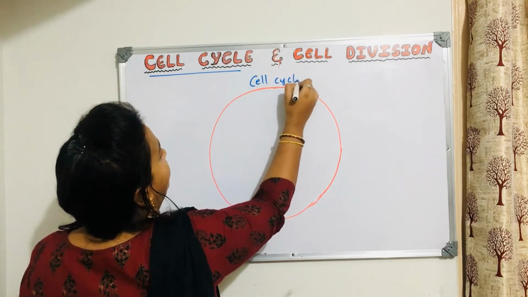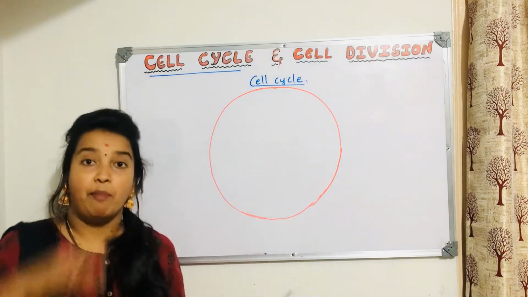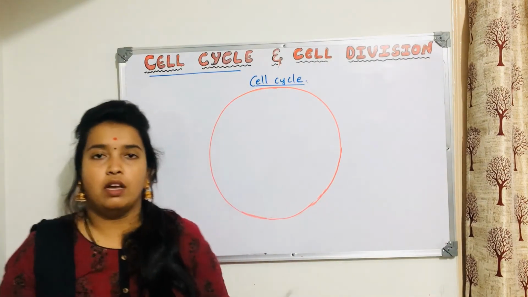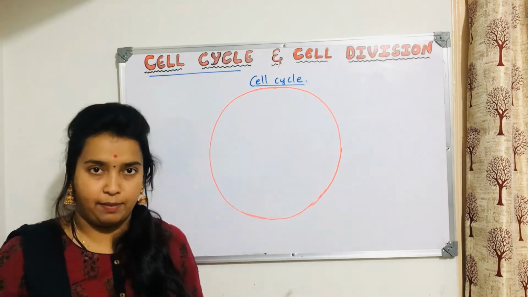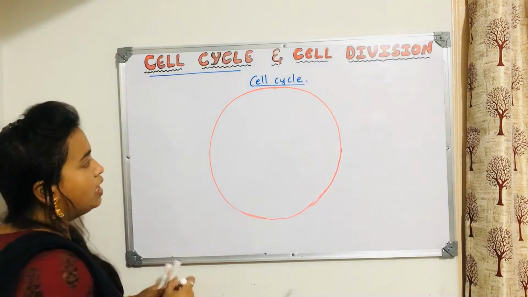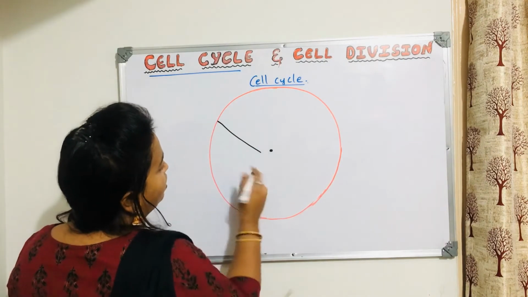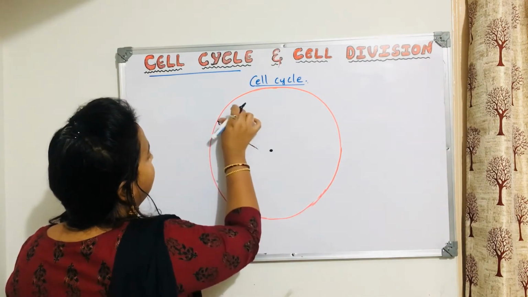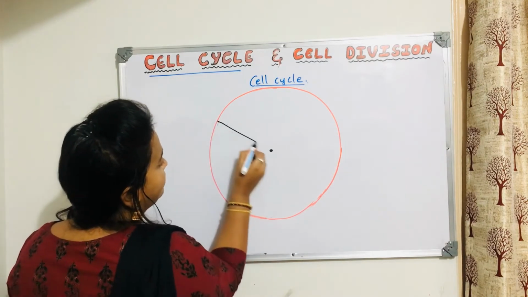Cell cycle. Okay. Now, the cell cycle is divided into many stages and many phases, but I'll try to explain in a crude way only, and we will go step by step. First of all, there is a division like this. If this is the center of the circle, it's like this.